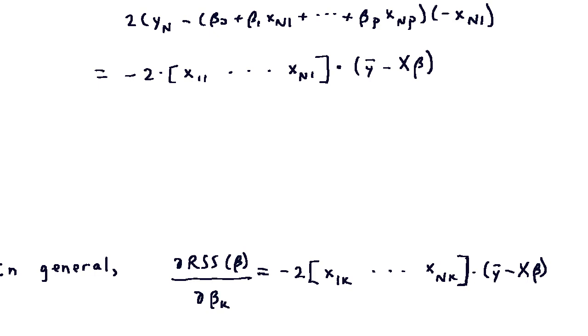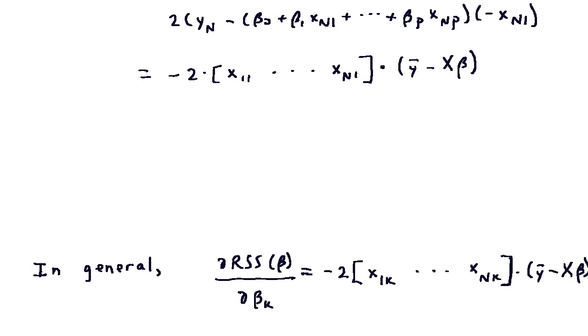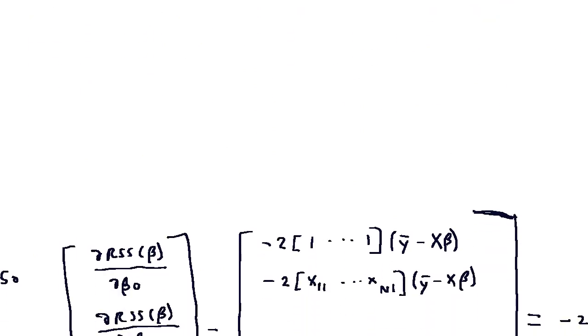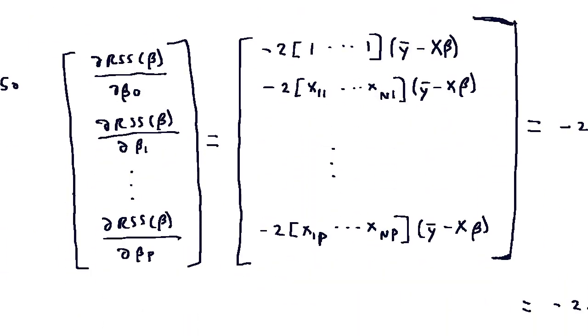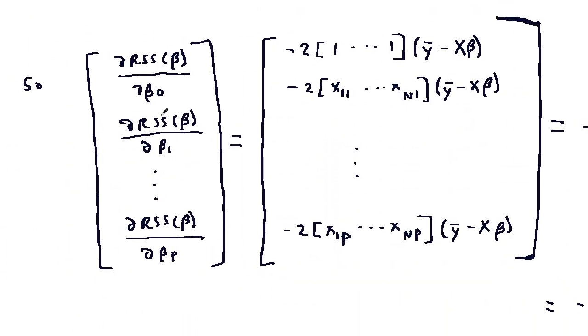So this column vector of the partial derivatives is equal to this. We just found this here.